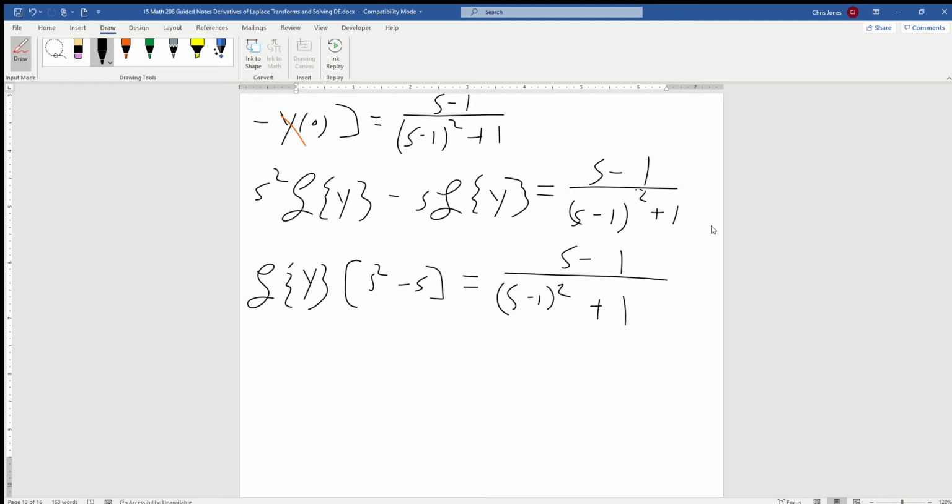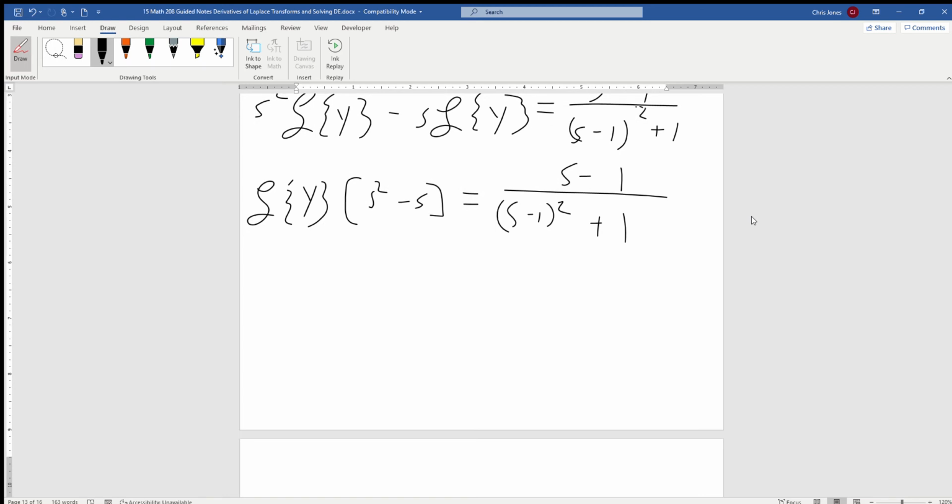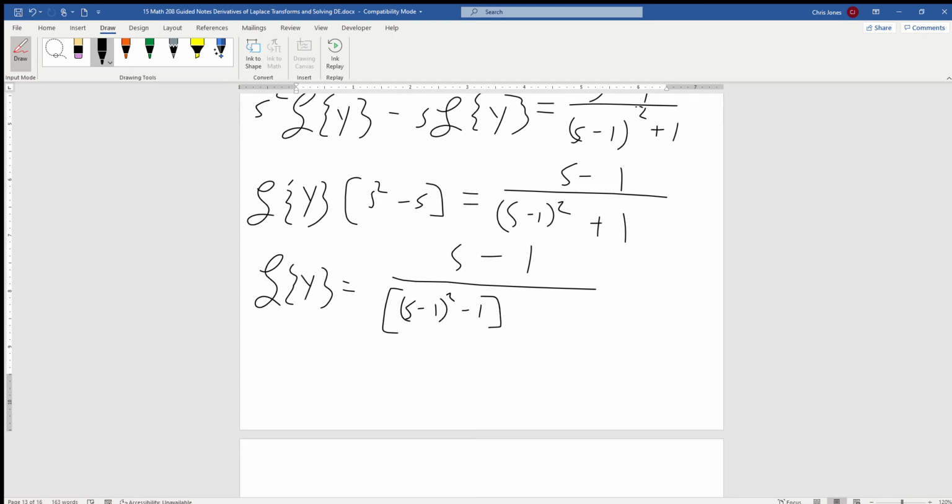Now this can get really ugly really quickly if we don't do some algebraic simplification when we solve for the Laplace of y. So the Laplace of y is going to be equal to, now be careful with this, s minus 1 in the numerator, and s minus 1 squared plus 1 times s squared minus s.